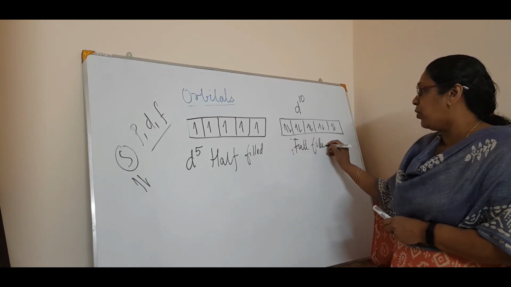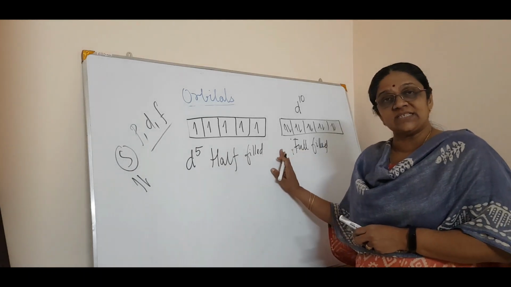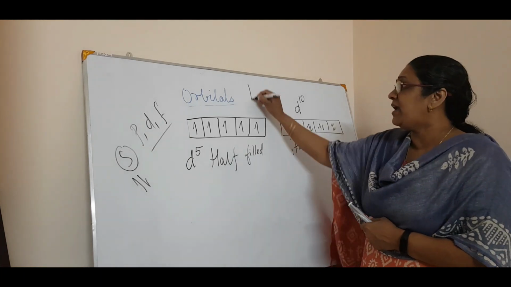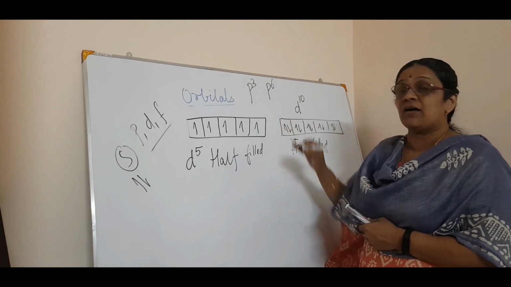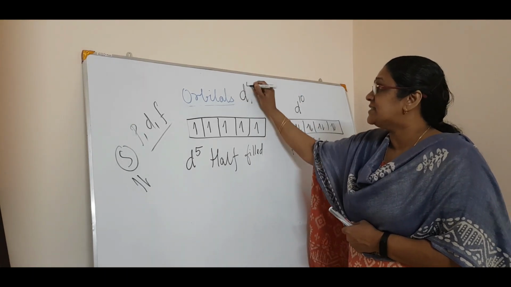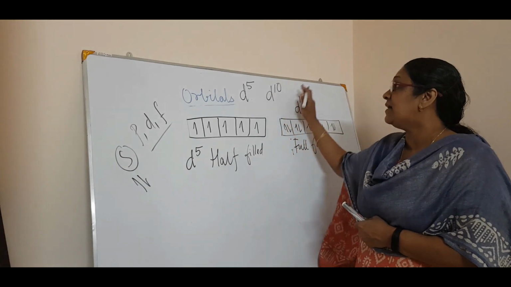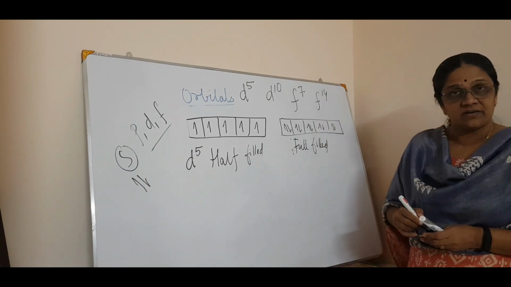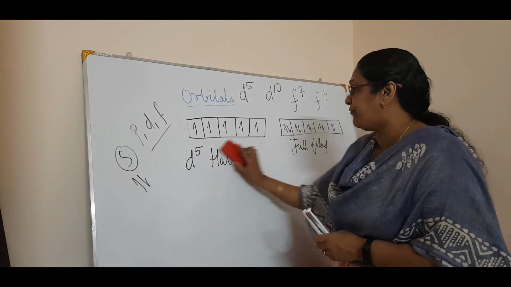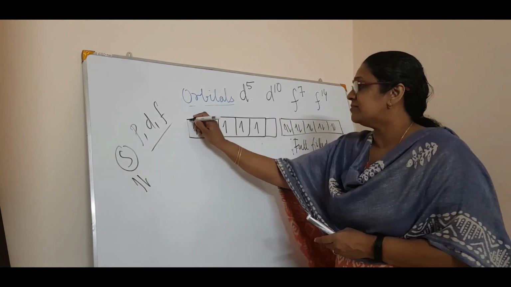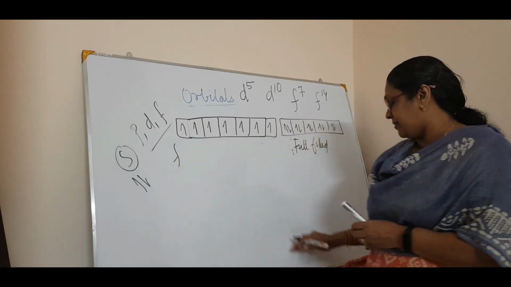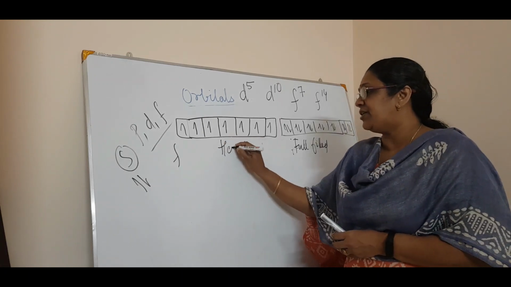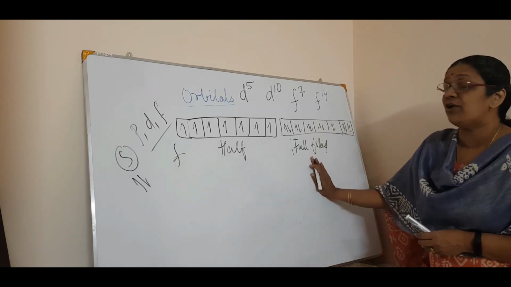So the extra stability for p is p3 half-filled and p6 full-filled; for d, d5 is half-filled and d10 is full-filled. For the f orbital, f7 is half-filled and f14 is full-filled.